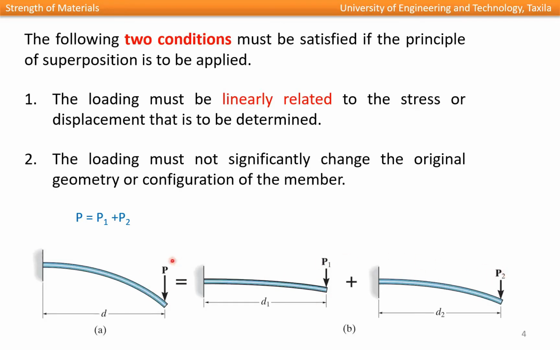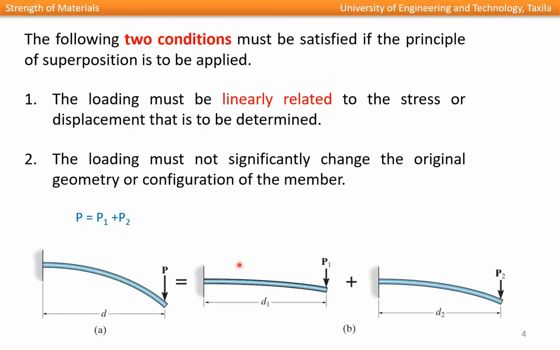But if this load P is producing too much deformation, in this case this distance D, then if we find the moment at this fixed support, it is equal to P times D. But if this deformation is too large, then this distance D will not be equal to D1 or D2.